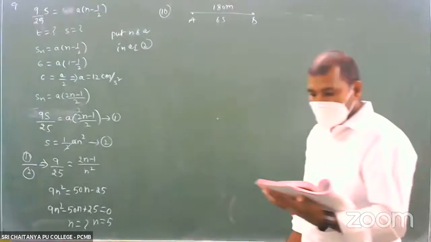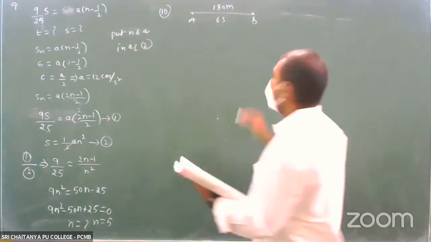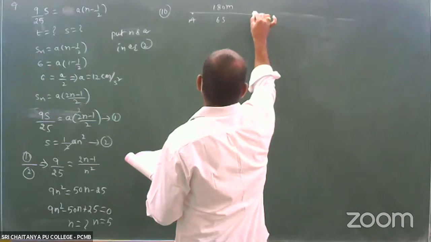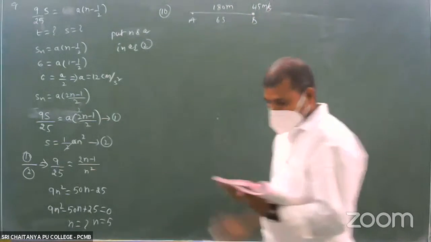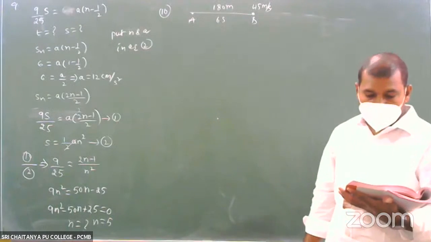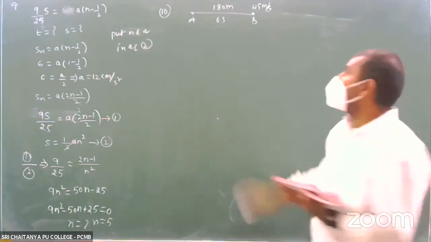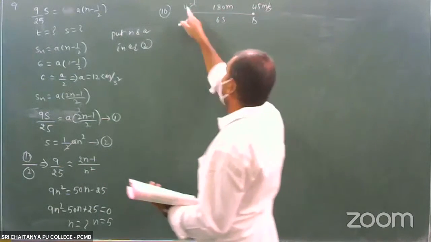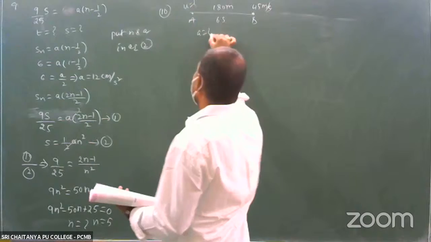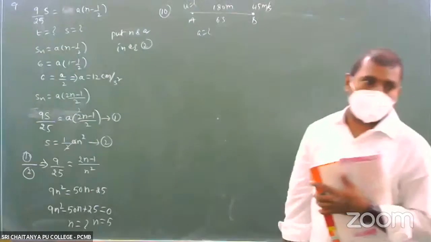Its speed as it passes the second point is 45 meter per second. What is its acceleration and its speed at the first point? At the first point, I am assuming the speed is u. You have to find u, and the acceleration also.